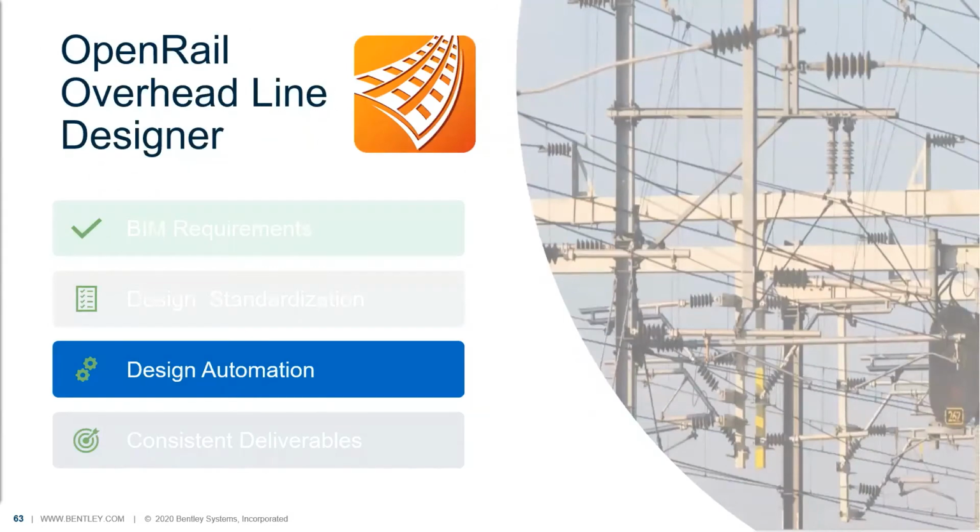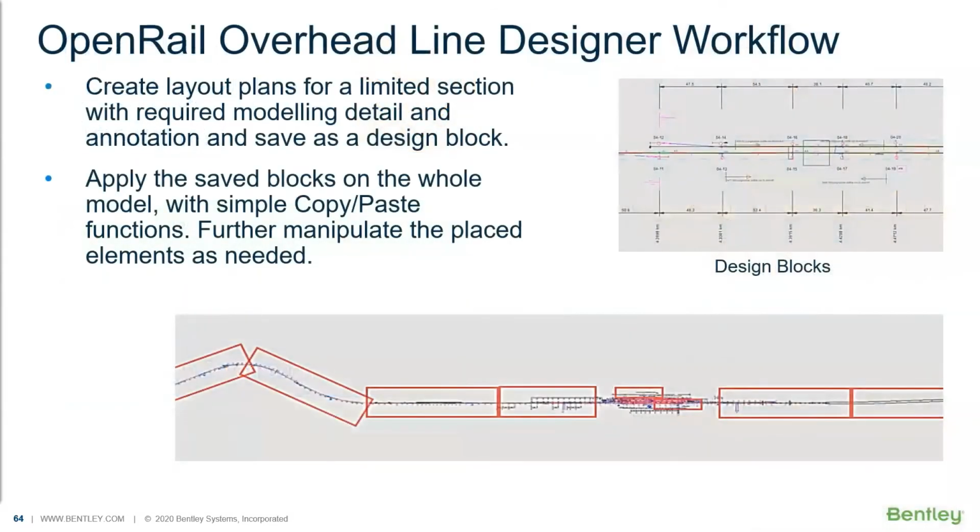And you can see we are trying to automate the design for the overhead line wire system. So you can create layout plans as you wish, and then you can save them as blocks as well. There are typical sections like the station area, which you can just save as a block and copy paste as you go.